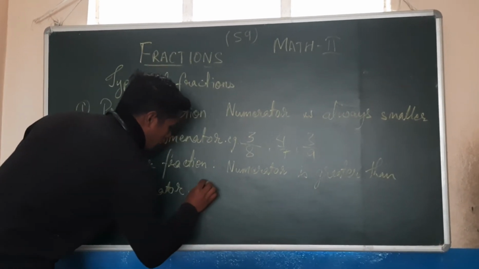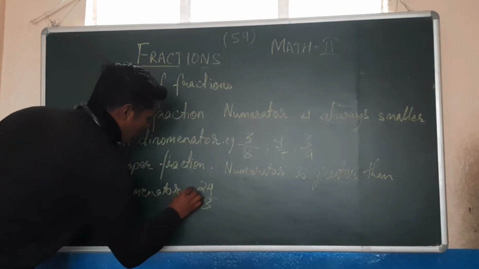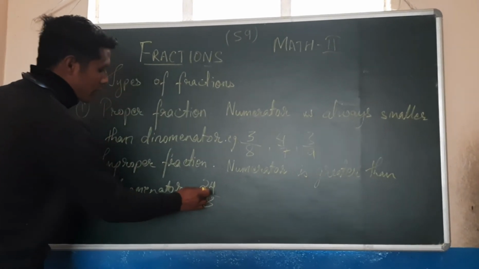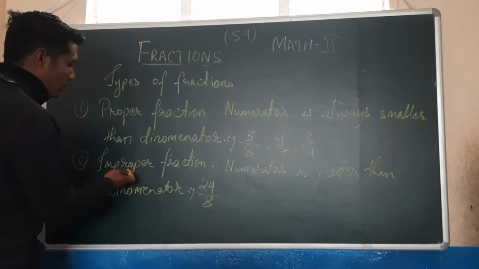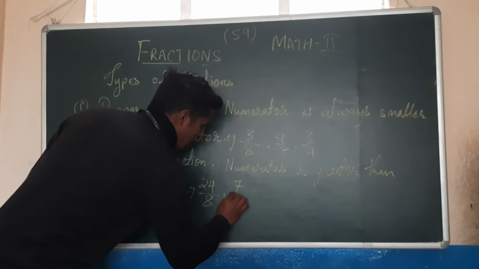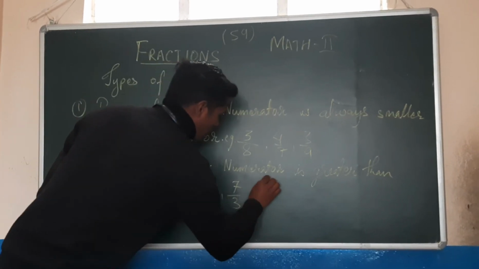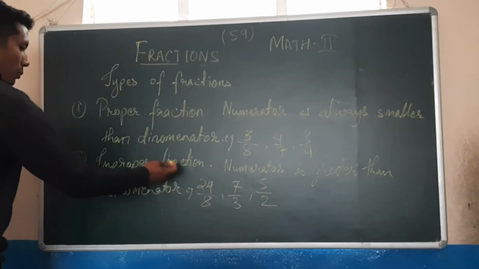For example, 24 by 8. In this case, the numerator is greater than the denominator. Therefore, this type of fraction is known as an improper fraction. For example, 7 by 3, 5 by 2. All of these are examples of improper fractions.